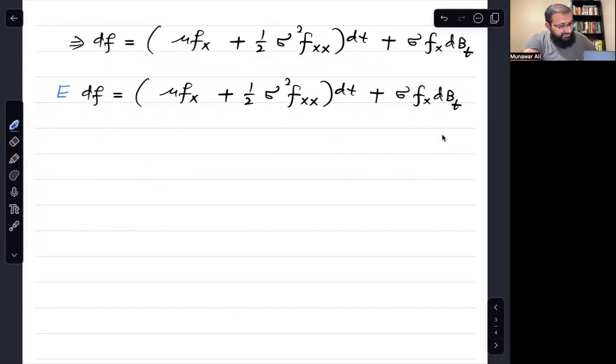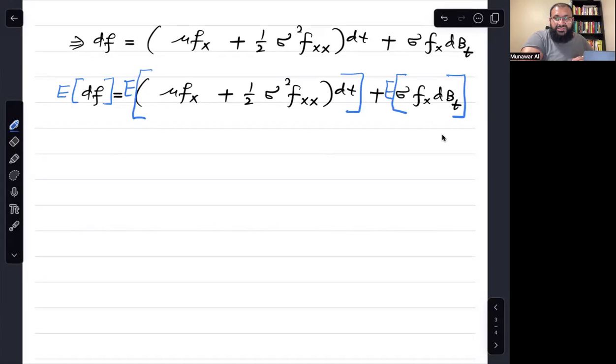So expectation on the left-hand side and expectation on the right-hand side. If I have expectation on the right-hand side, I can split the expectation on both of these terms separately, to the term of dt and to the term of dbt.